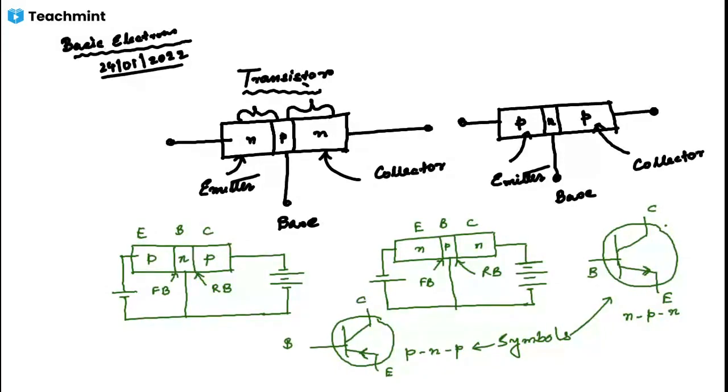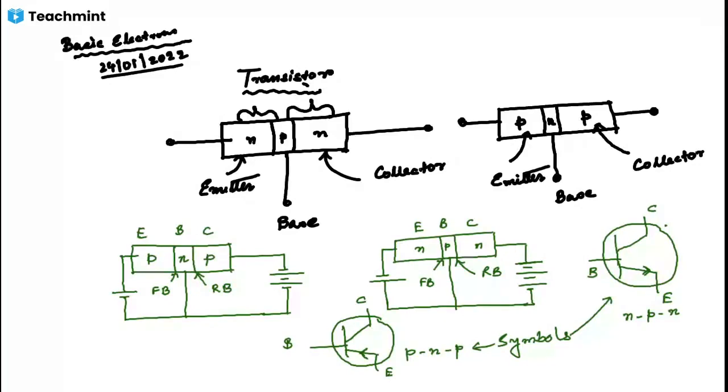Why do we call it a transistor? A transistor has two PN junctions. One junction is forward biased and the other is reverse biased. The forward bias junction has a low resistance path, whereas the reverse bias junction has a high resistance path.